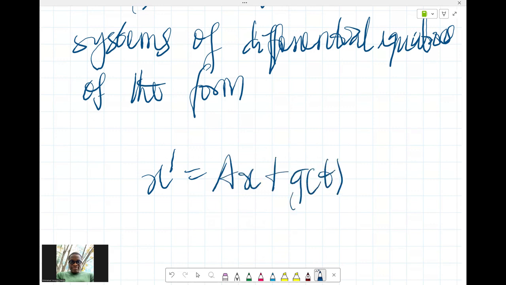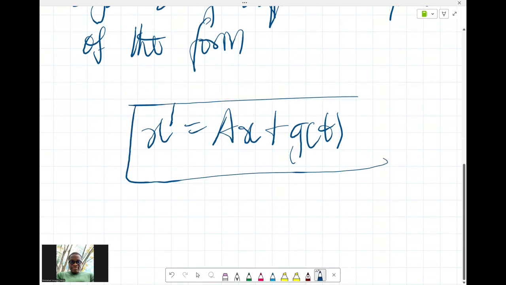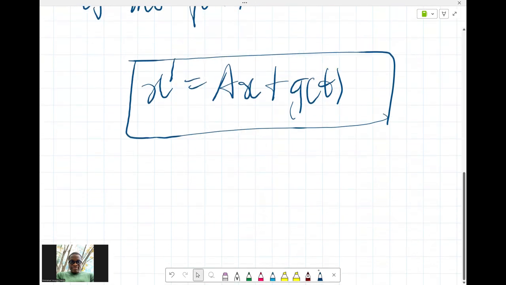In the previous video, we had y prime equals Ay plus f of t. Anyhow you want to have it, it's the same pattern. This is another way of expressing the same thing.